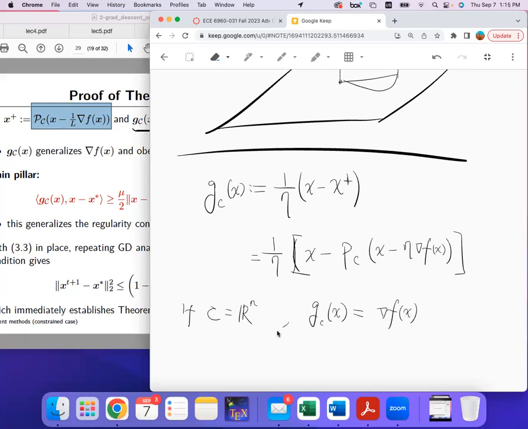If there's no constraint, this definition is simply the gradient. So if there is a constraint, then this G_C(x) is a generalized definition of gradient in the constrained case. We introduce this definition just because conceptually it is like a gradient in the constrained case.